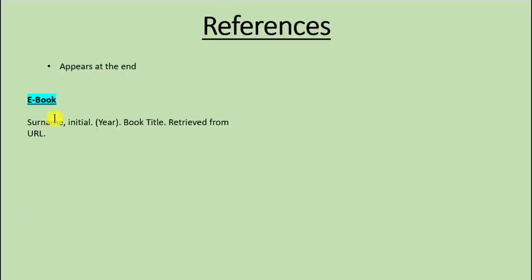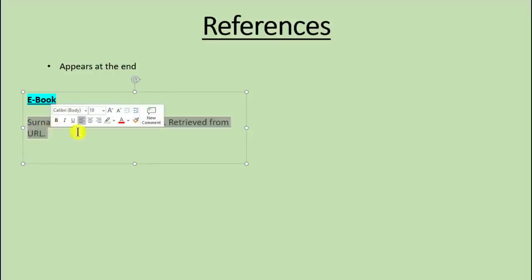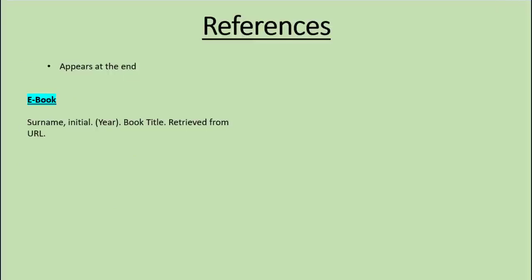And if you want to reference an ebook, then you should follow this pattern. So surname, comma, initial, full stop, year, then book title, full stop, and then you should give the URL. I'm just doing some imaginary example here.